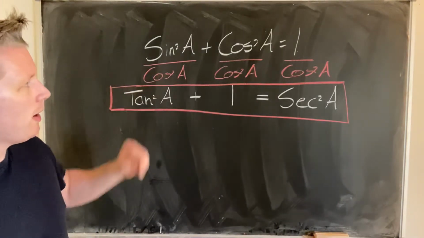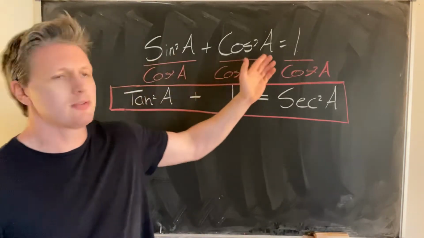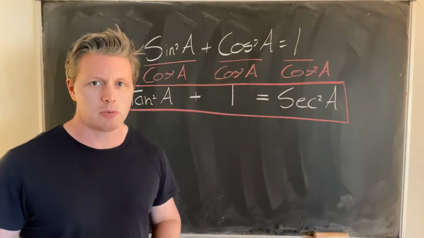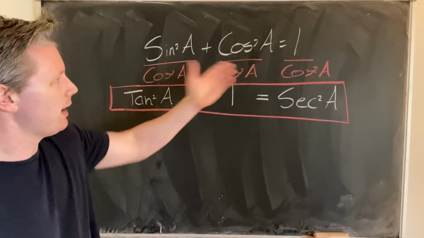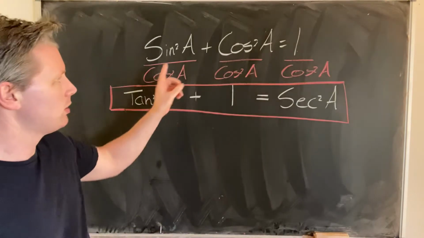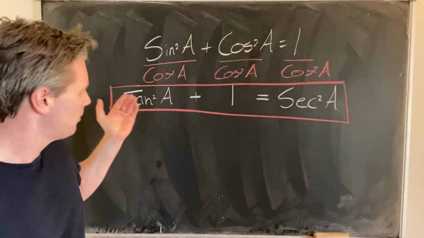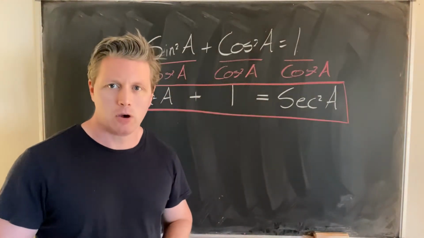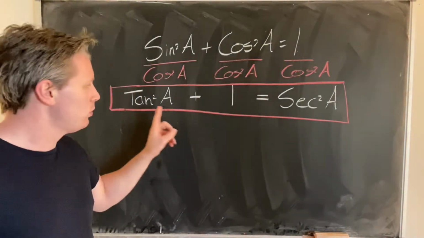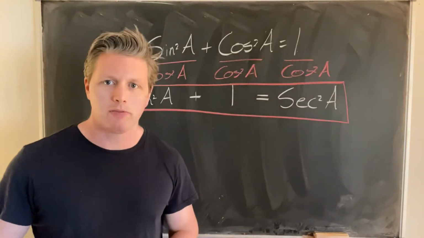Just be aware that it is nothing other than sine squared a plus cosine squared a is equal to 1, something, like I said, we're very familiar with, rearranged by dividing both sides of that equation by cosine squared a, which brings in tan and brings in sec. Okay, let's now use this identity right here to solve a problem.